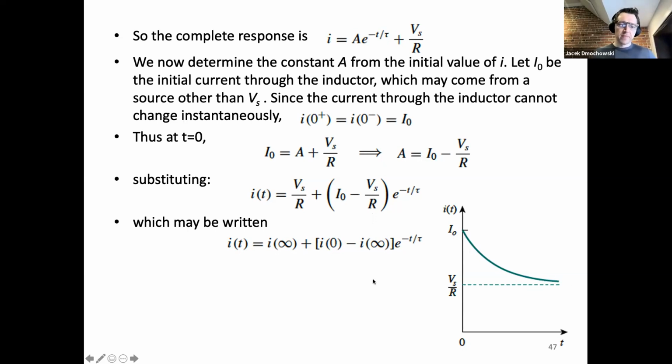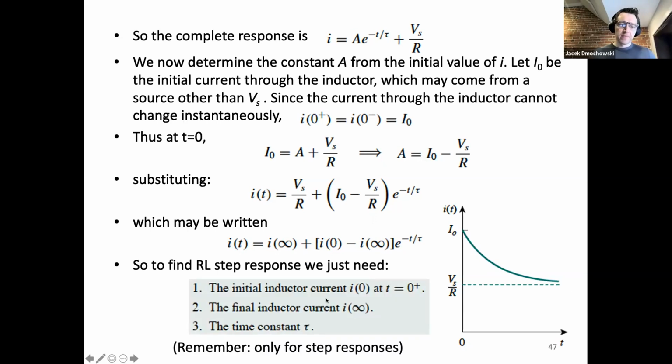Okay, so here's your recipe for solving for the RL step response. First, find the initial inductor current. In other words, solve the circuit at t equals 0 minus, and then use continuity to carry forward that solution into t equals 0 plus.